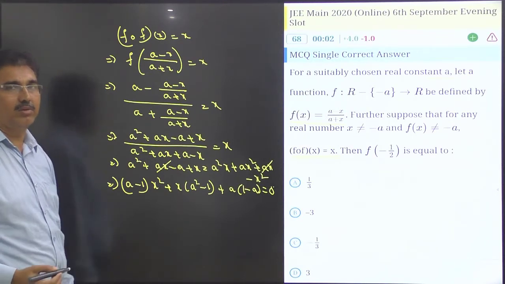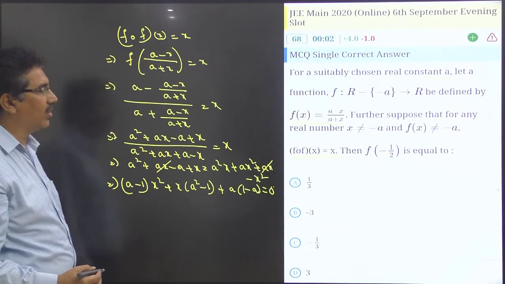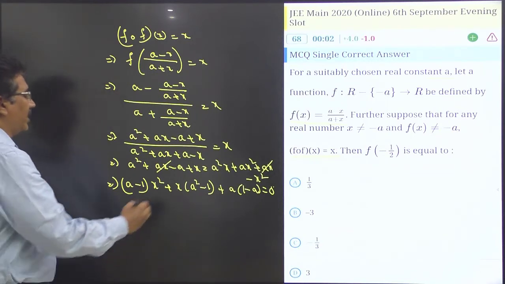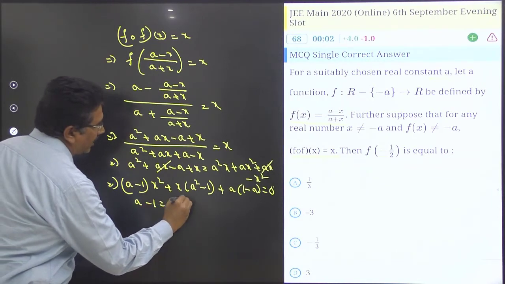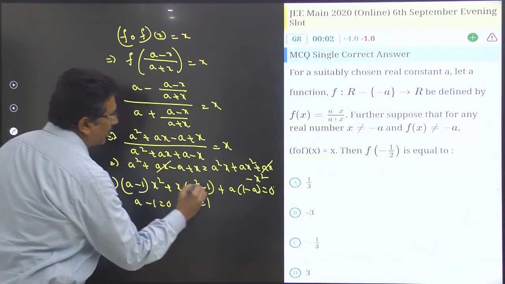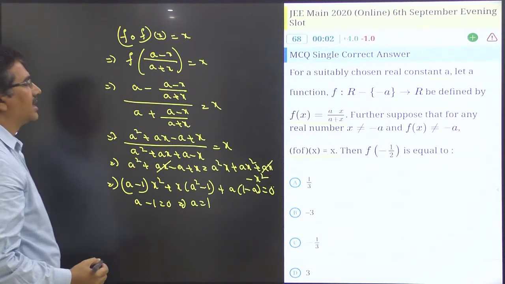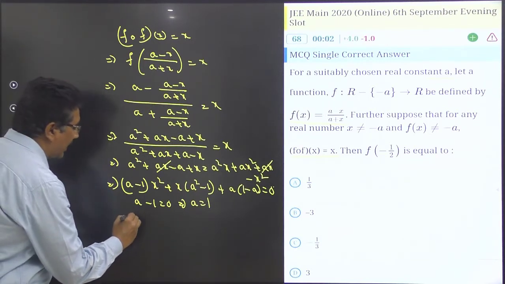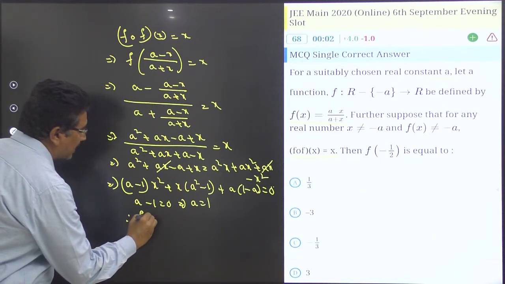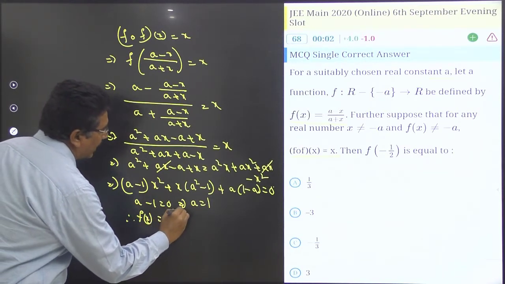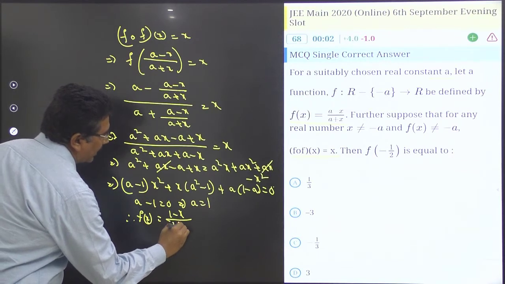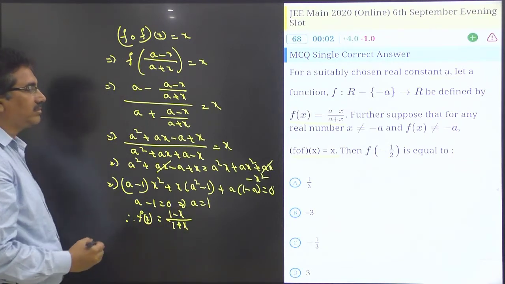This is true for all x belong to R, so that a minus 1 is equal to 0. That implies a is equal to 1. Right, a is equal to 1. Therefore f of x is equal to (1 minus x) by (1 plus x).